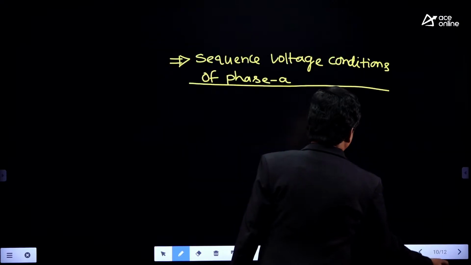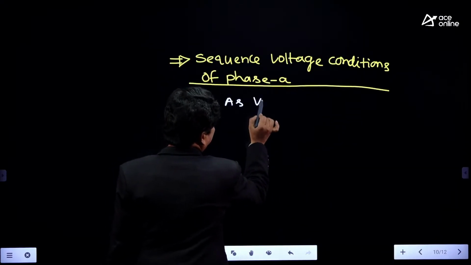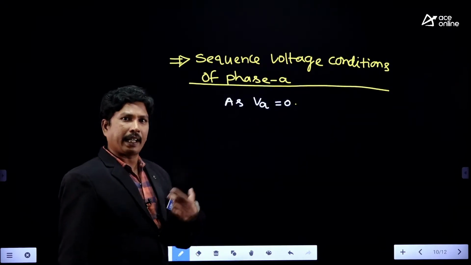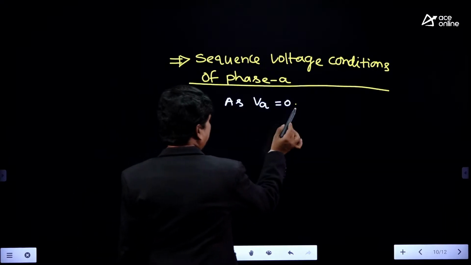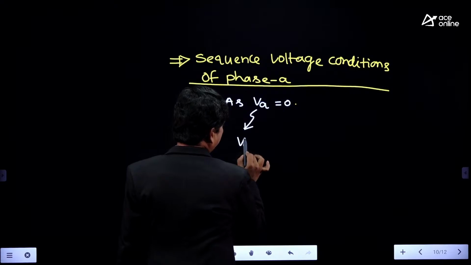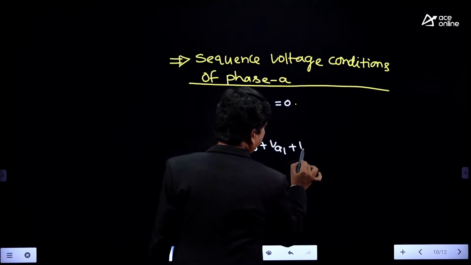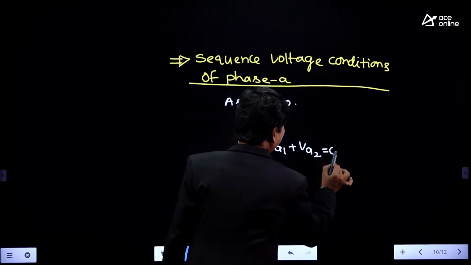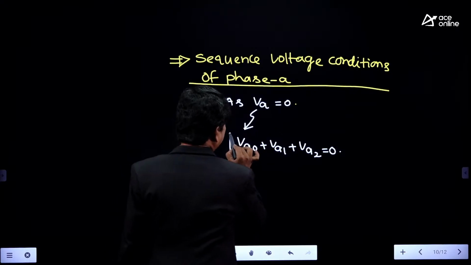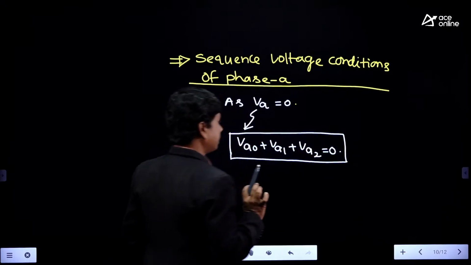Therefore we can simply write VA is equivalent to 0. According to the symmetrical components theory concept, we can write VA resolved into zero sequence component, positive sequence component and negative sequence component, which are equivalent to 0, which means the sum of the voltage components will be equal to 0.